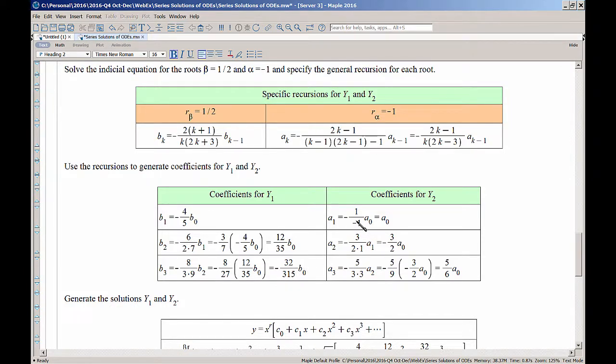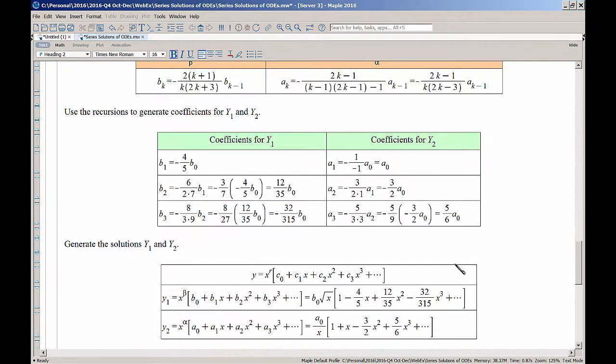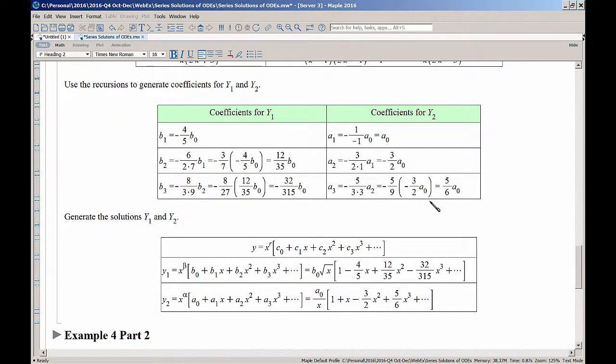And then you do the same thing over here for the a. a1 is a multiple of a0, a2 is a multiple of a1, but a1 is a multiple of a0, a3 is a multiple of a2, and a2 is a multiple of a0, and so a3 is a multiple of a0, and you can see how the coefficients get generated.